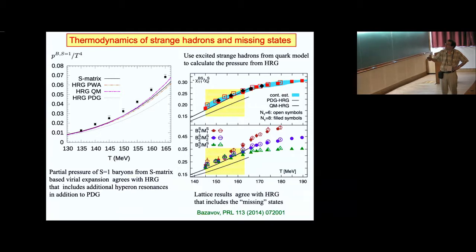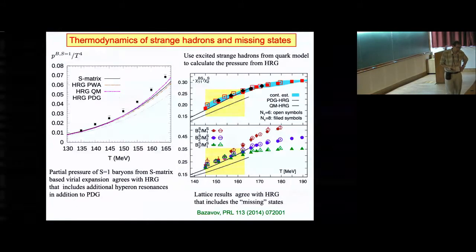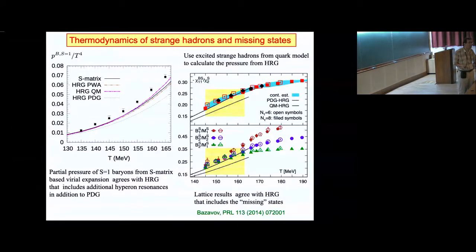So when you calculate the baryon number strangeness correlation divided by the strangeness fluctuations, you compare with a Particle Data Group resonance gas, you always over-predict. And if you include the additional states, these missing states, which are there in the quark model but not in the Particle Data Group, then you get a pretty good description of the lattice data.